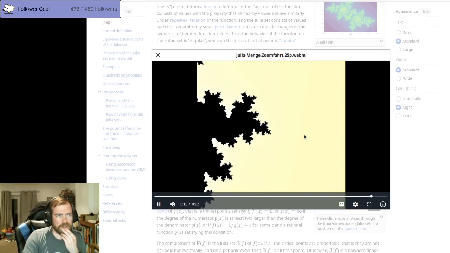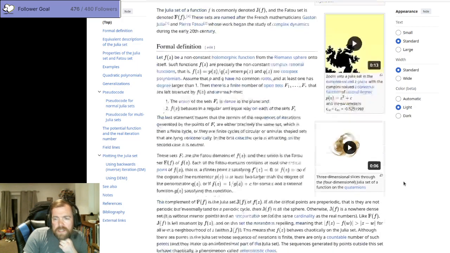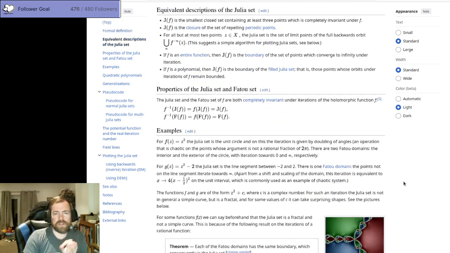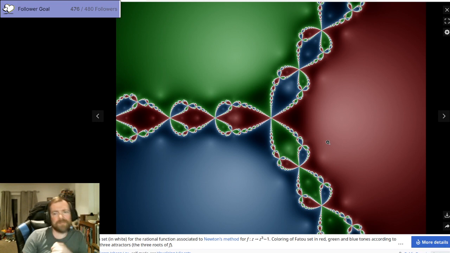And there is a colorized version which shows you for what values of c you will end up getting each of the particular different behaviors. So red, green, blue to represent each of the 3 major behavior types.